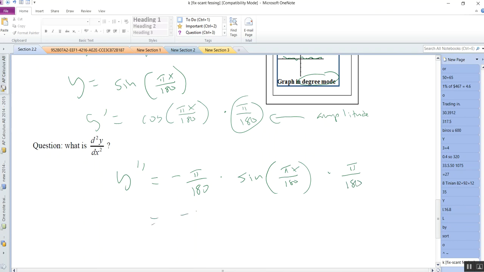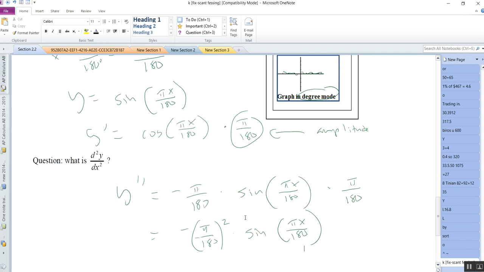So you get negative pi squared over 180 squared, or something like that. So that should conclude the 3.6 notes.